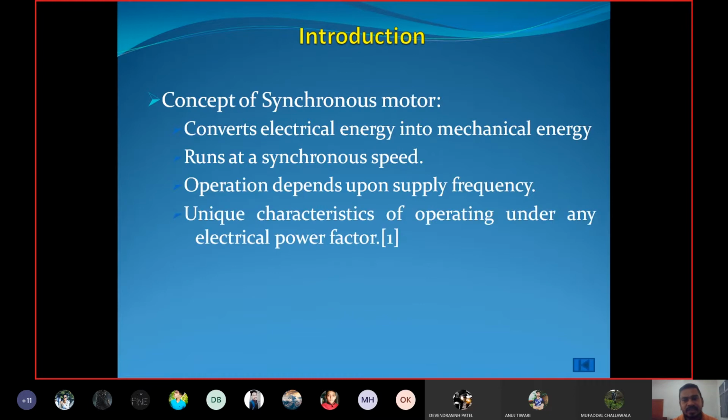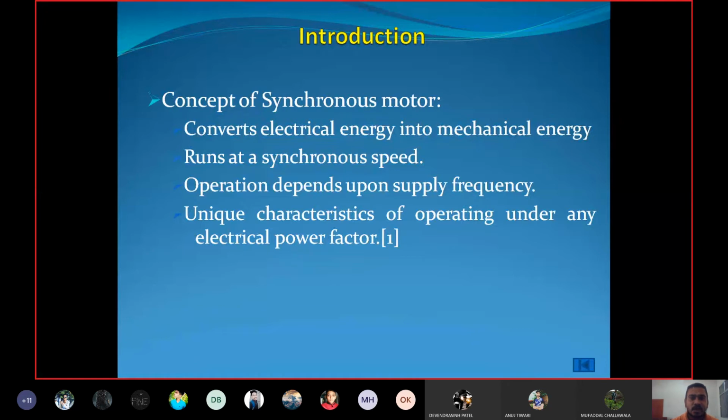The unique characteristic of this motor is that it operates under any electrical power factor. In electrical we mainly have three power factors: lagging power factor, leading power factor, and unity power factor. This is the only motor which operates at any electrical power factor.